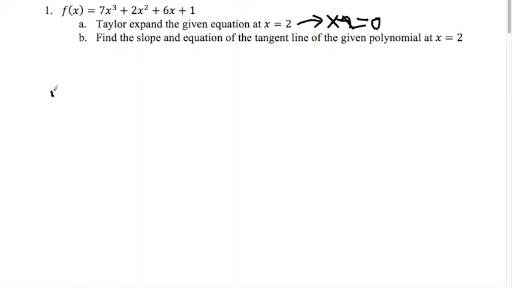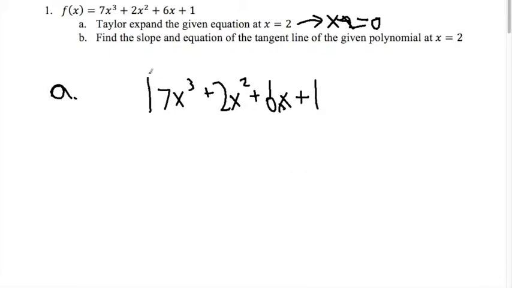So because of that, for part A, we're going to take 7x cubed plus 2x squared plus 6x plus 1 and divide by x minus 2.